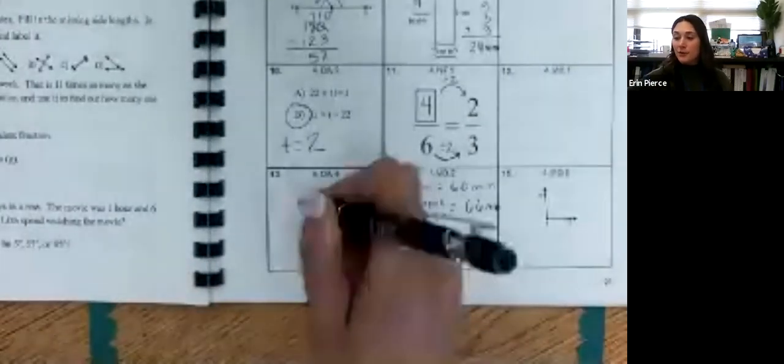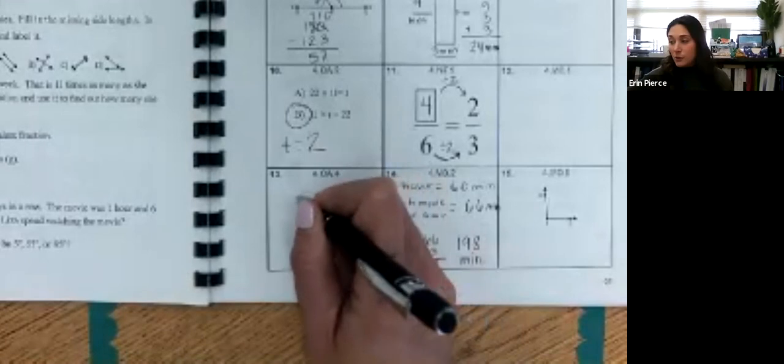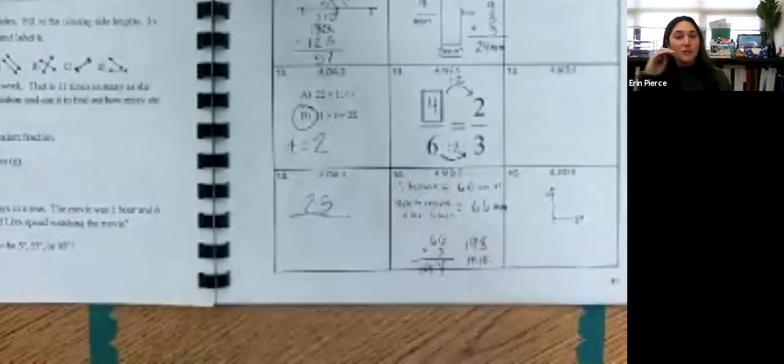And the other one that we have not gone over in a while is number 13. 25. What are my factor pairs for 25?